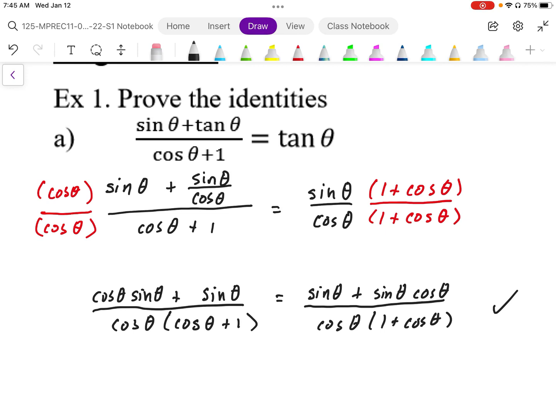Now, the strategy I used here: again, I converted things to sine and cos to make it a little bit easier. Unless I can identify any identities right away, I'm going to convert to sine and cos. The second thing I did was to match the left side and right side. I tried to match the denominators. If I can make the denominators match, then the numerators must eventually match.